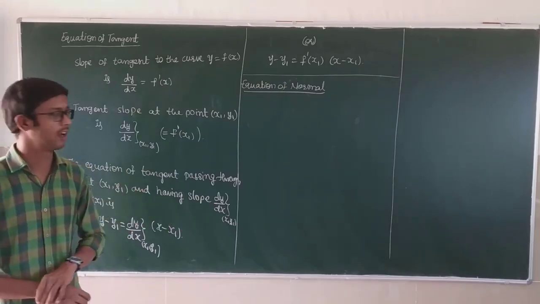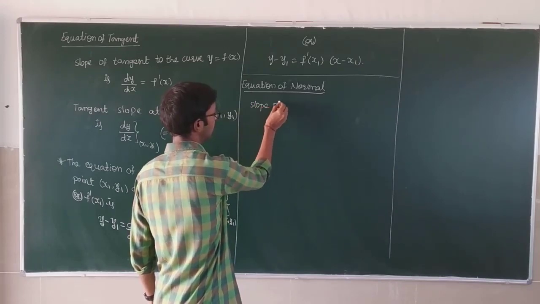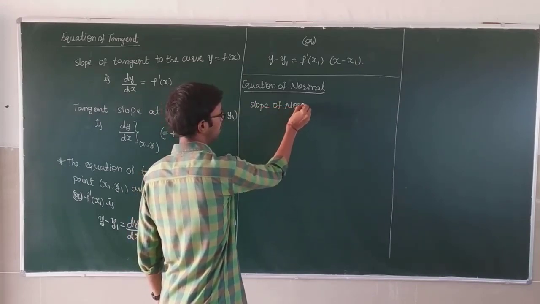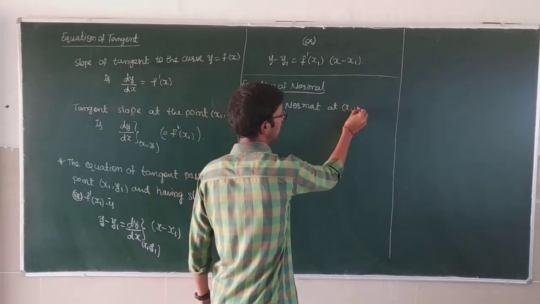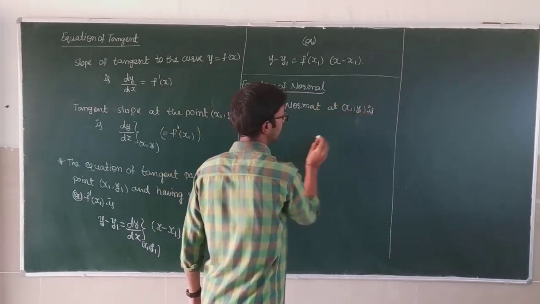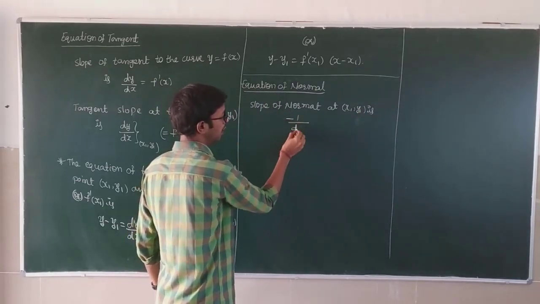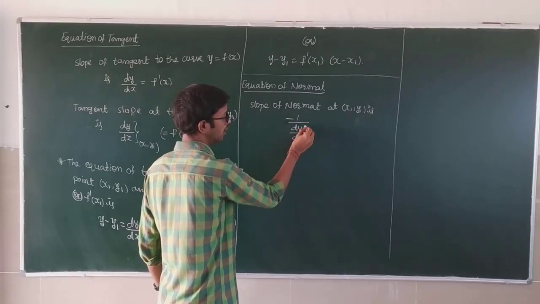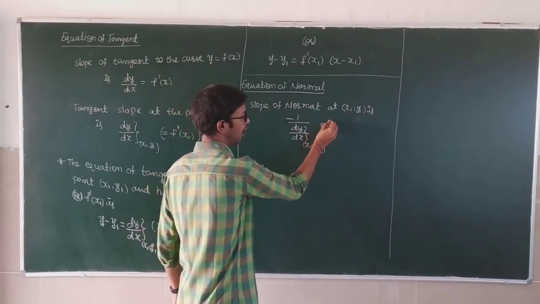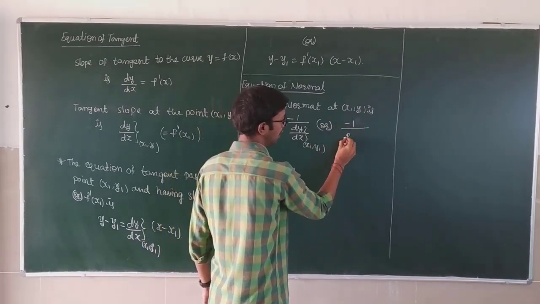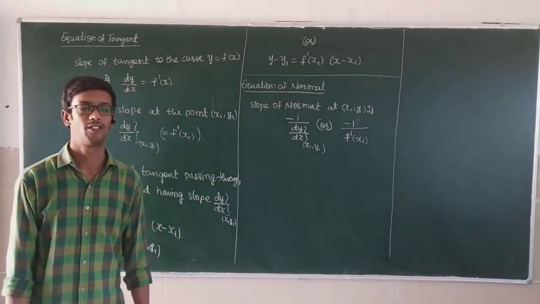Before this we wrote already: slope of normal at x1 comma y1 is -1 by dy by dx at x1 comma y1, or -1 by f dash of x1.